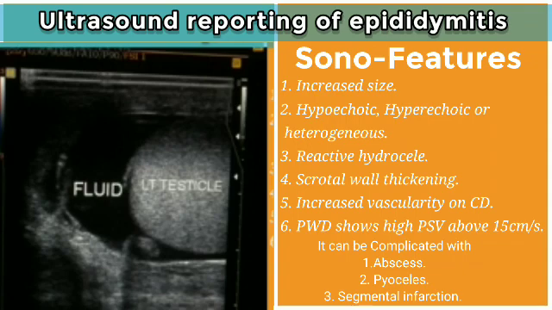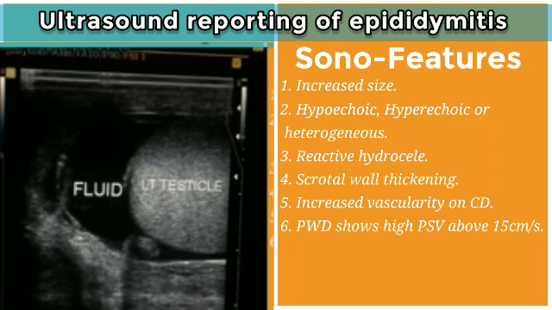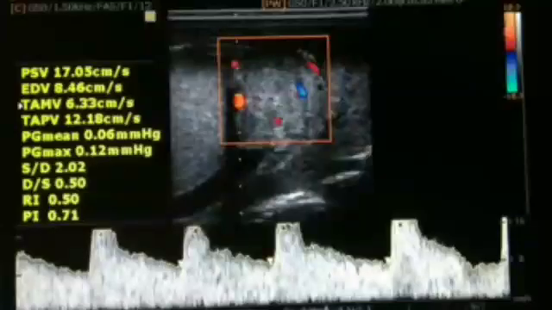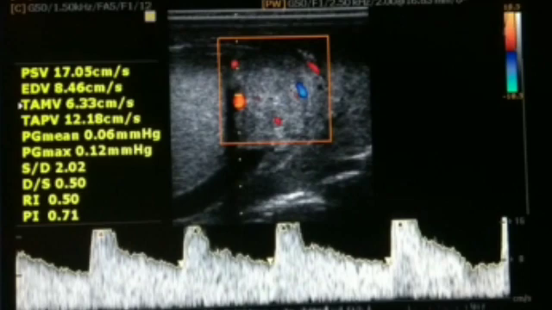Epididymitis can be complicated with abscess formation, pyoceles, which are complicated hydroceles with loculations, and segmental infarction. On pulsed wave Doppler, epididymitis will give a high peak systolic velocity above 15 cm per second, as we can see on the screen.